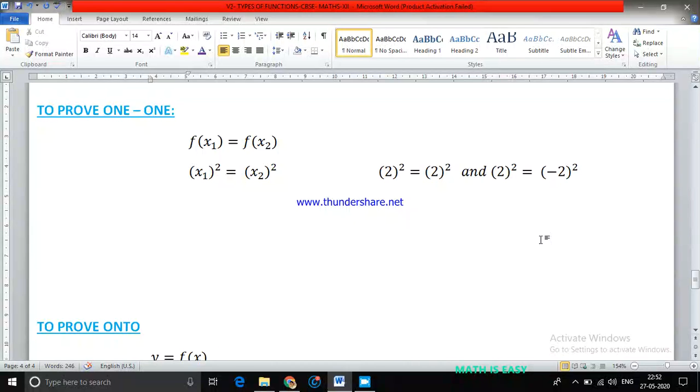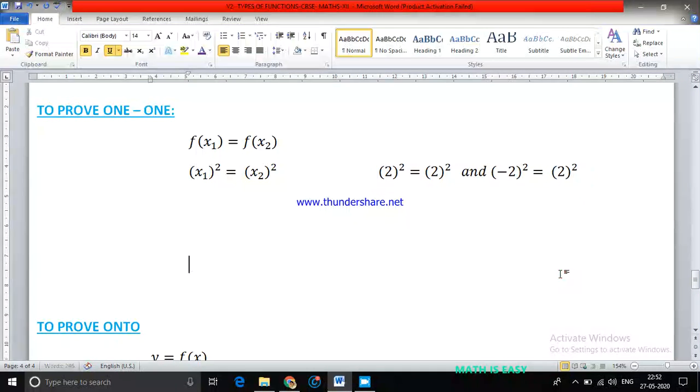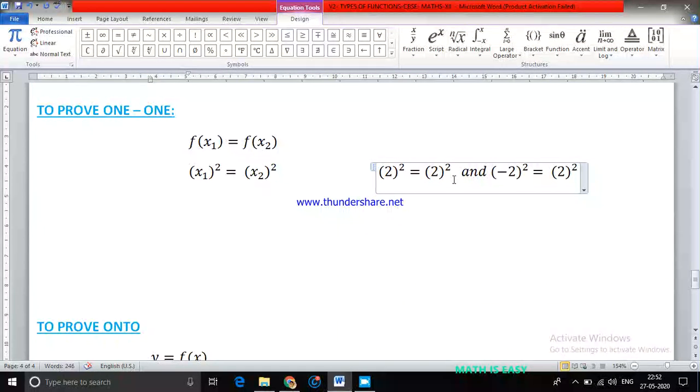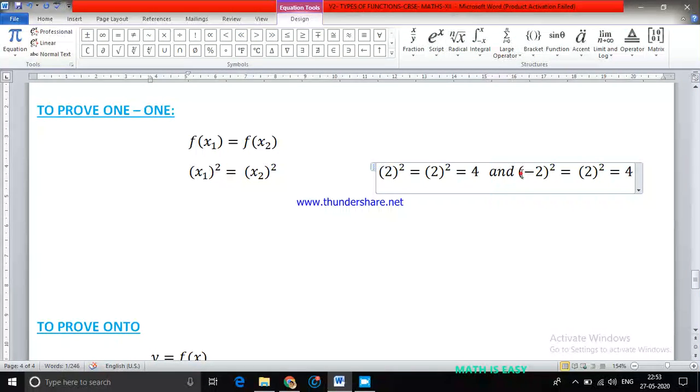Both are okay. 2 square equals 4, and minus 2 whole square is also equal to 4. Even if I take plus 2 whole square, that maps to 4. Even if I take minus 2 whole square, that also maps to 4.